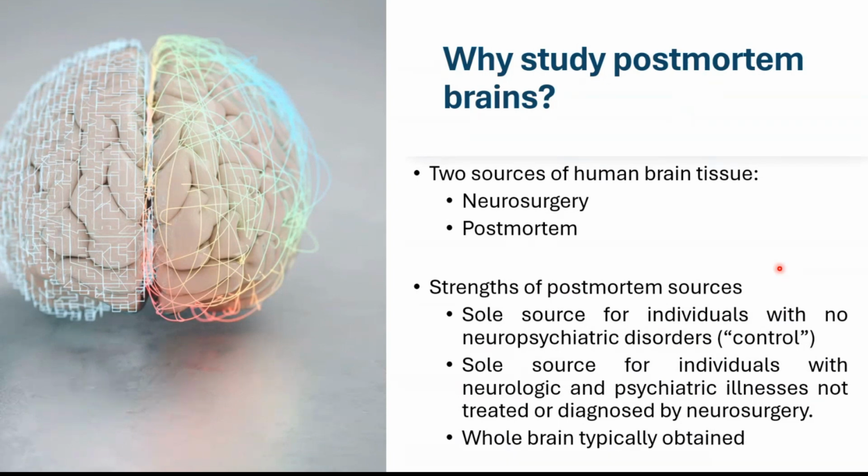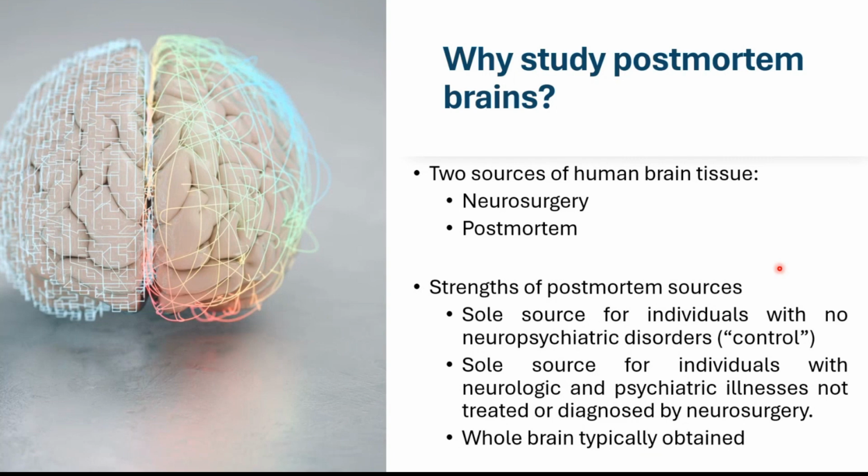The strengths of postmortem sources really align with my research interests, which is to understand what's dysfunctional in the brain of people with schizophrenia. So the strength of postmortem sources is that this really is the sole source of individuals that have no neuropsychiatric disorder, or what some people might call controls in an experimental condition. So if you're having neurosurgery, by definition, there is something pathological happening that you are going in for an intervention.